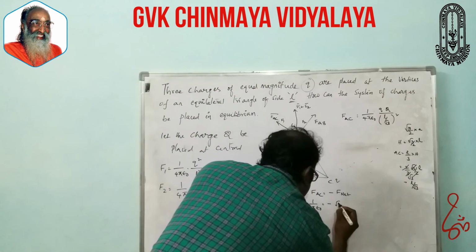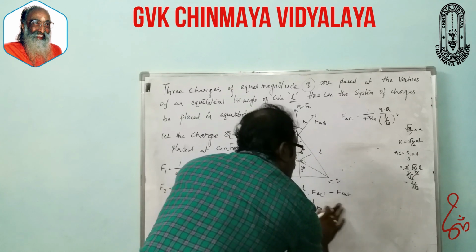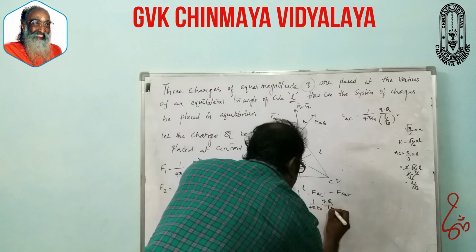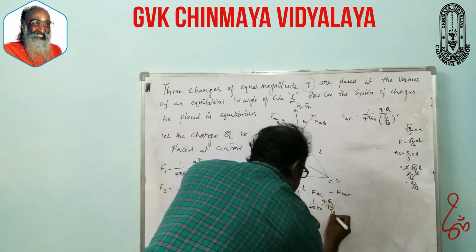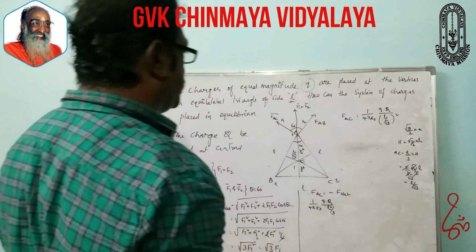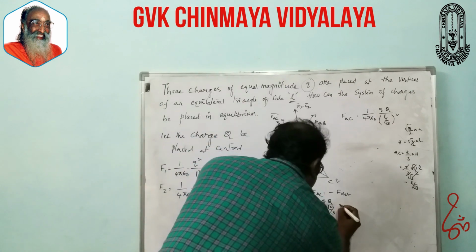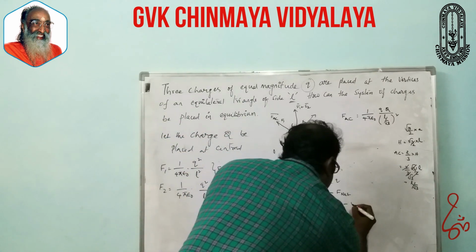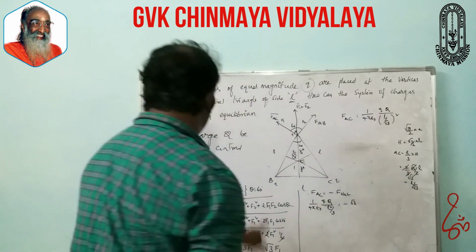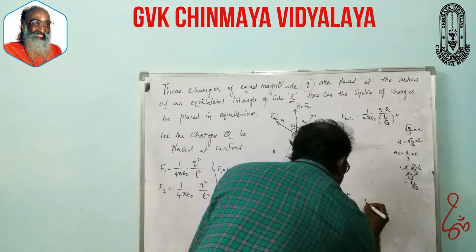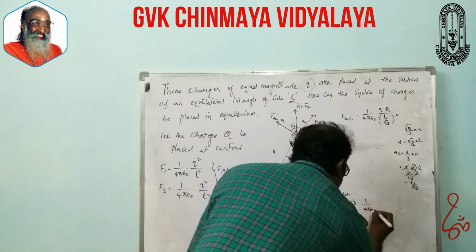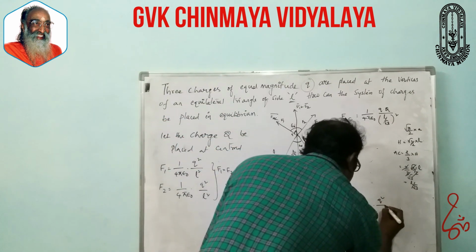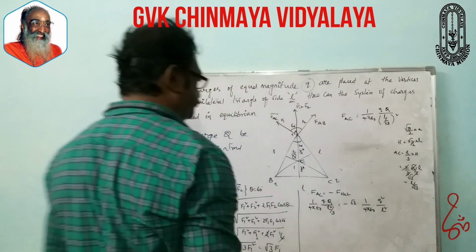So 1 by 4 pi epsilon naught, small q times capital Q, by L square by 3 whole square. I have made it as a whole square. It is minus F net, which means root 3 F1, and F1 is 1 by 4 pi epsilon naught Q square by L square.